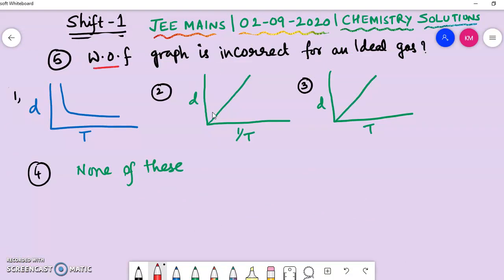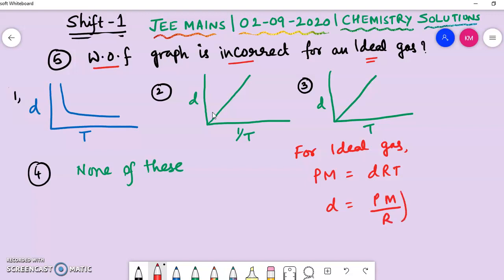Which of the following graph is incorrect for an ideal gas, right? Ideal gas, if you take it, all the graphs are related to density and temperature. So we will be taking that relation directly. So PM is equal to dRT. Highlight the d. So d is equal to PM by RT, or I can write it as 1 by T for better understanding.